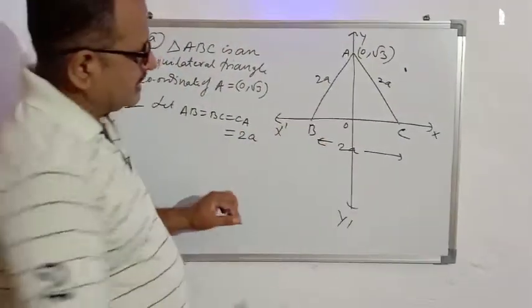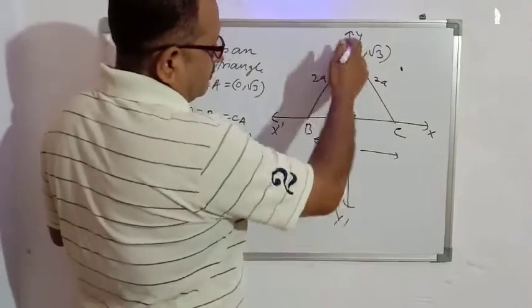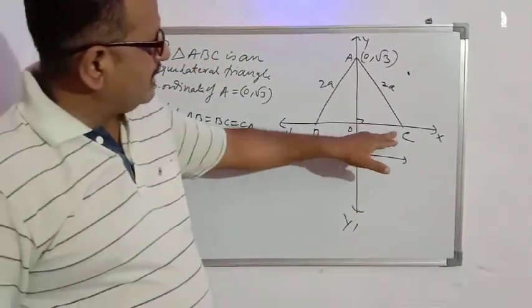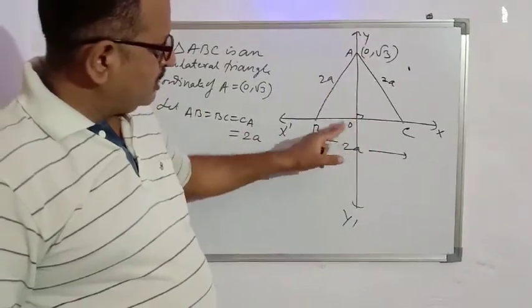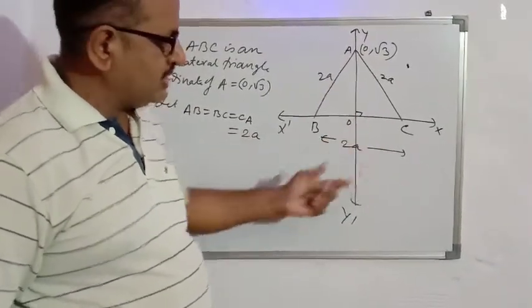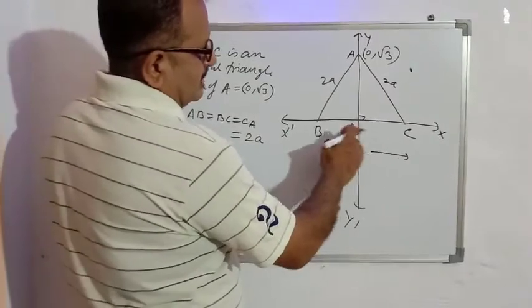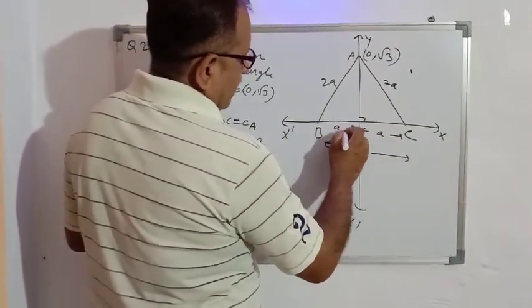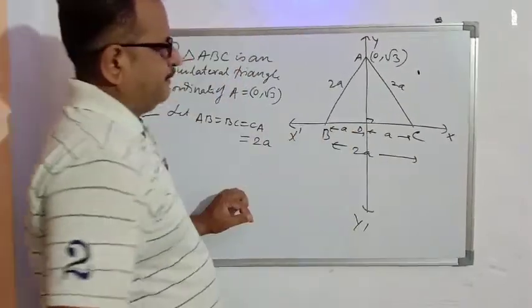In equilateral triangle ABC, AO is perpendicular to the base BC, so it will bisect the base BC. So this part will be a and OB will also be a.